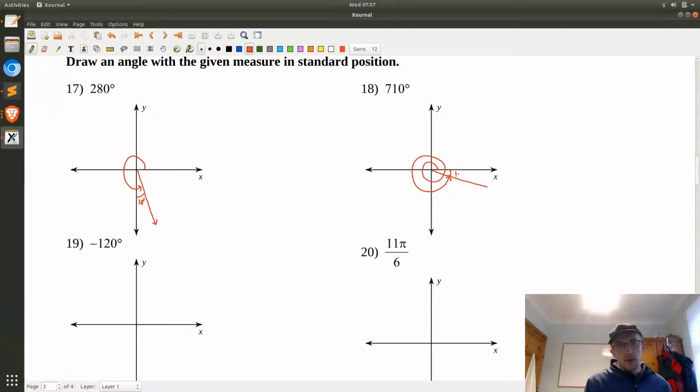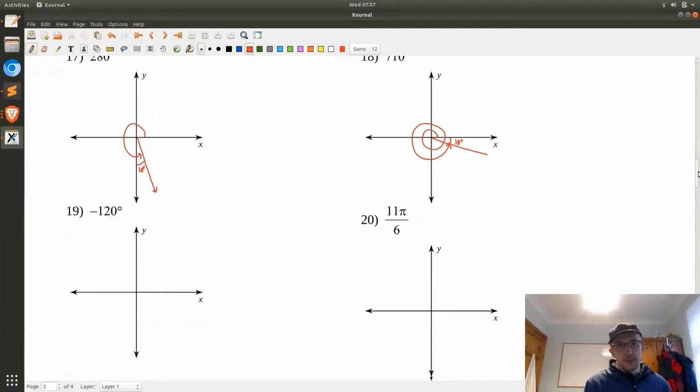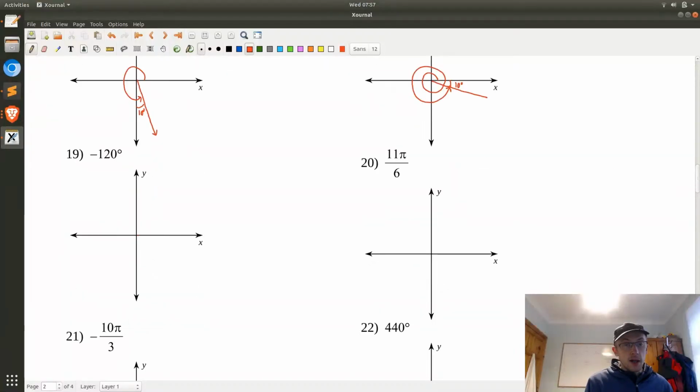Arrowhead there, 10 degrees there. Negative 120 degrees. Okay, so that'll be going clockwise, and it'll be a third of a turn. So, that's wrong. It should be like that.